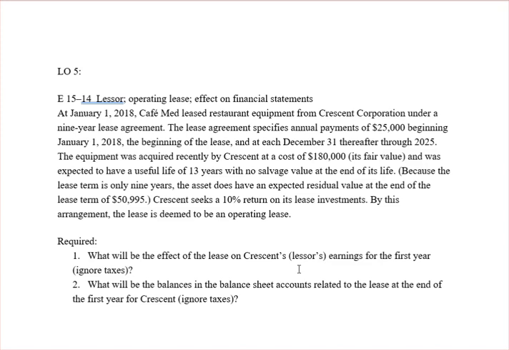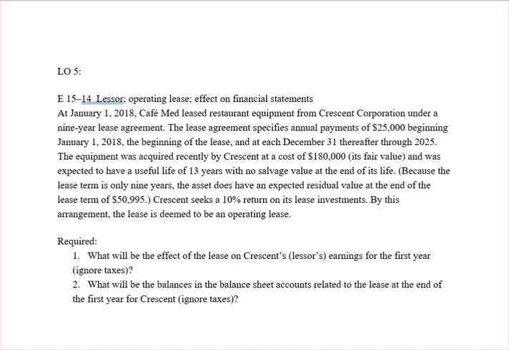And so they want to know what the effect is on that. On an operating lease, remember, if it's something that has depreciable value, the lessor would be taking depreciation. And then all of the payments that come in would be revenue. Now, what's the effect on the balance sheet?